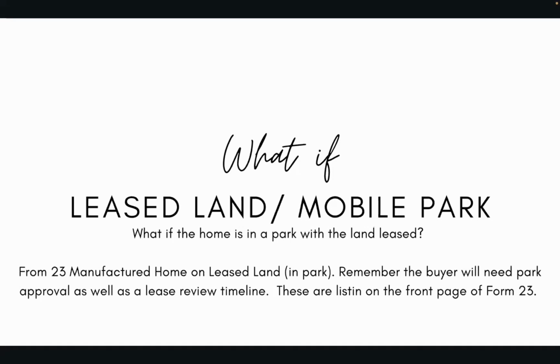It has all the provisions needed to show the transfer of ownership being attached to a piece of real property. It also has items that leave opportunity for the buyer to make sure they are qualified to purchase the home. So make sure if you have the leased piece of land in a park that you're using a Form 23.